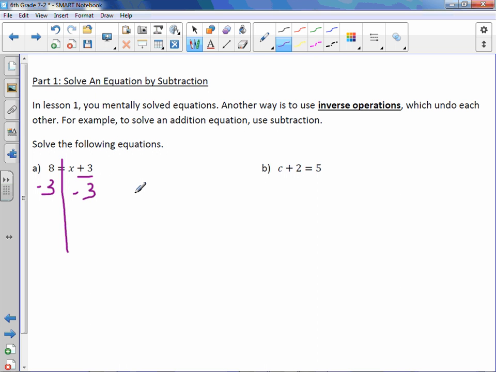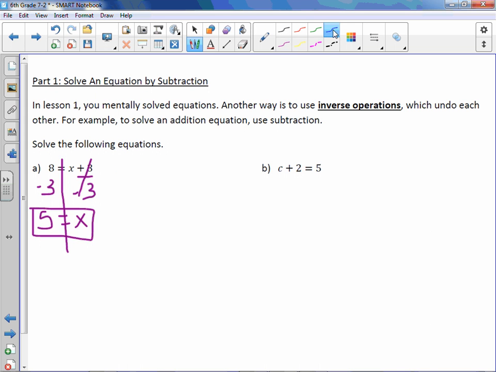Well, 8 minus 3 is 5 equals, bring down the x, we didn't do anything with it yet, and 3 minus 3 is 0, or nothing. Therefore, I get x equals 5.